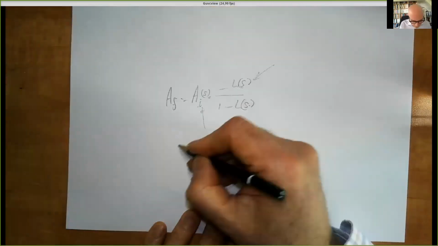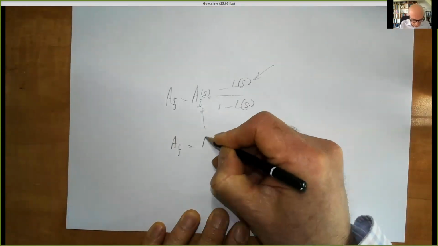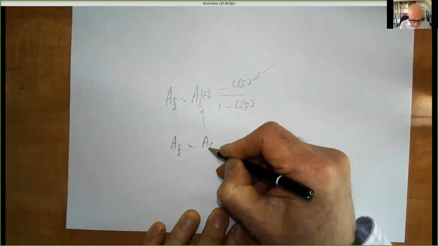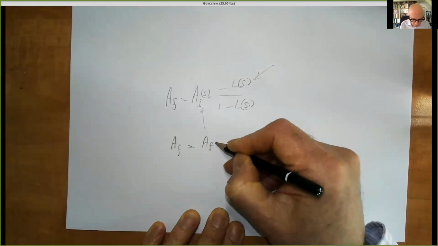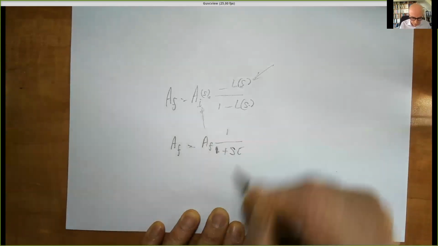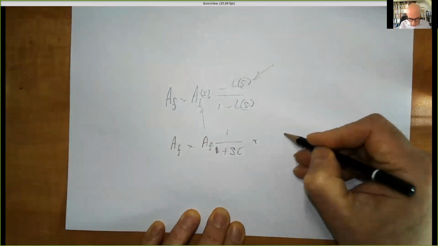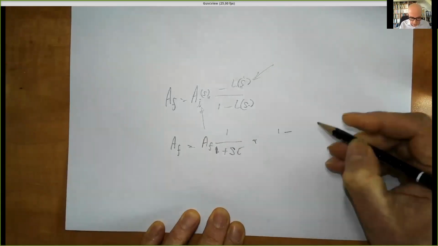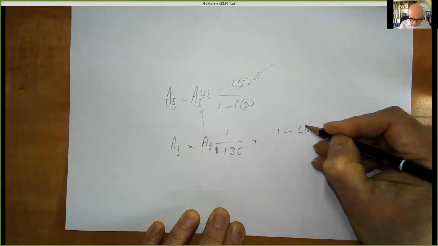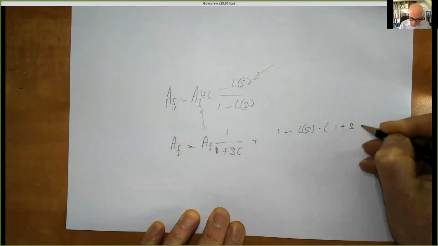Let's say I can write the asymptotic gain with a pole. Let's say that it will be the only pole. Then there will be 1 plus S tau in the asymptotic gain. And I put a zero in the loop gain, which will give here 1 minus L times this zero, which is 1 plus S tau.